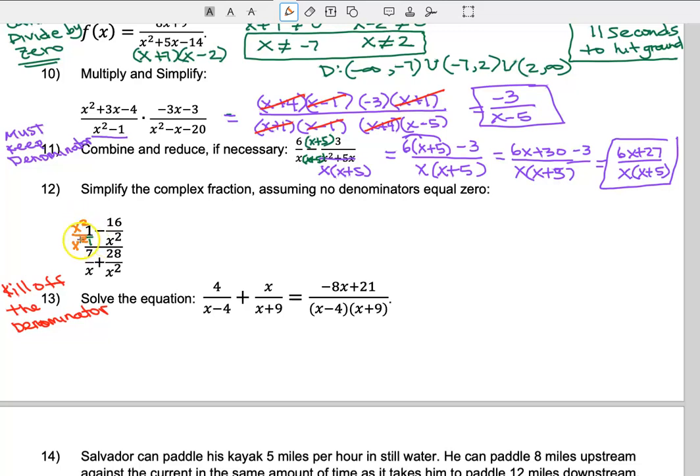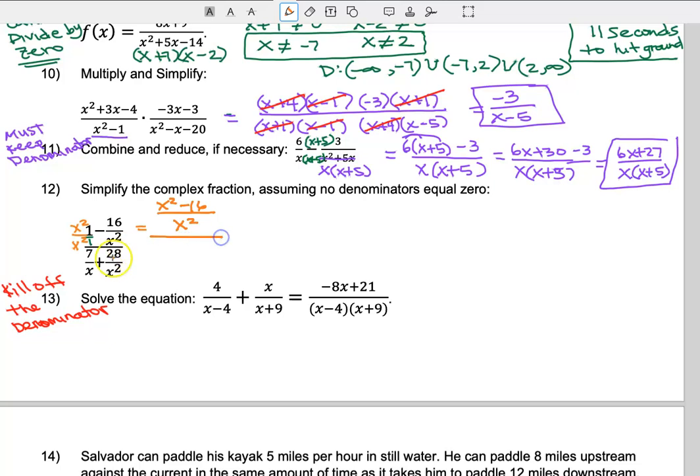All right? Because now I will have common denominators of x squared. So when I do this, I've got x squared minus 16 all over just x squared. It had to be the same in order to combine them together, so I keep them the same.